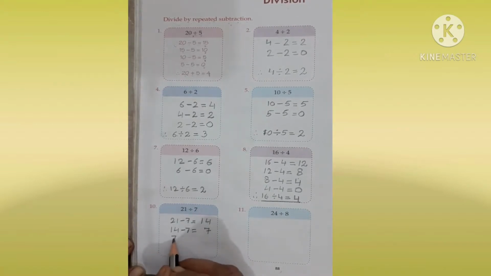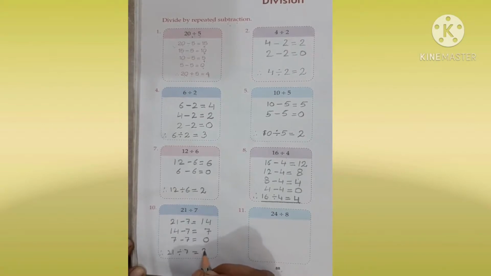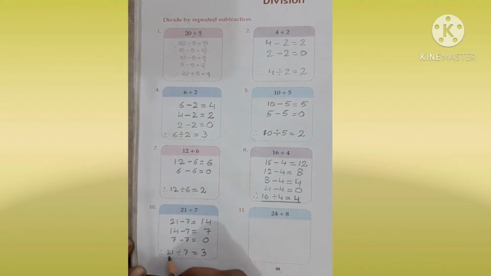And 7 minus 7 is equal to 0. So 21 divided by 7 is equal to 1, 2, 3. 7 3s are 21. Answer is 3.